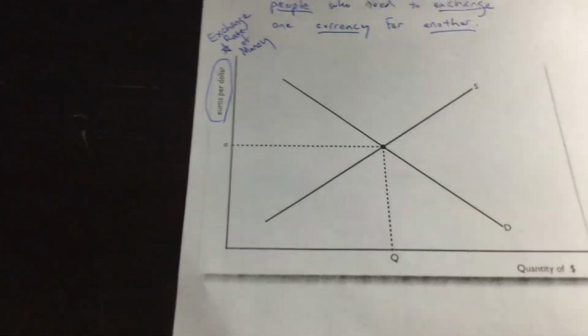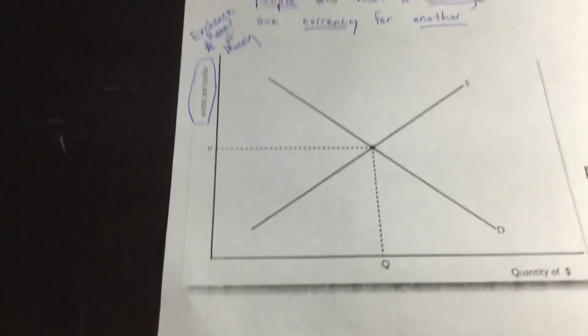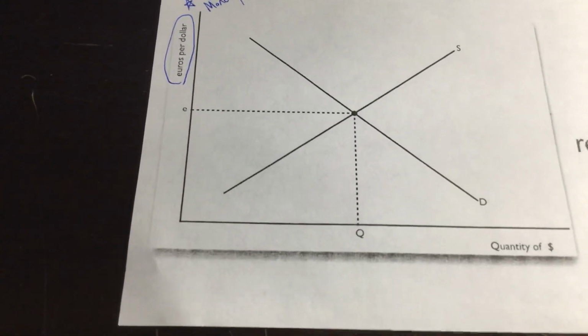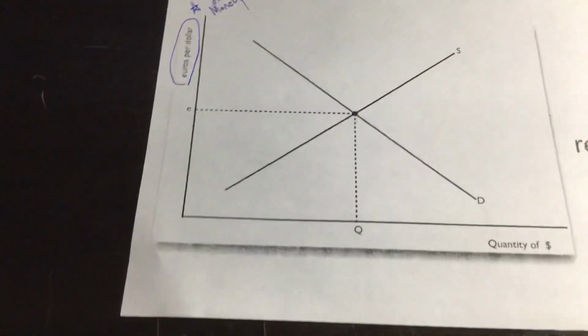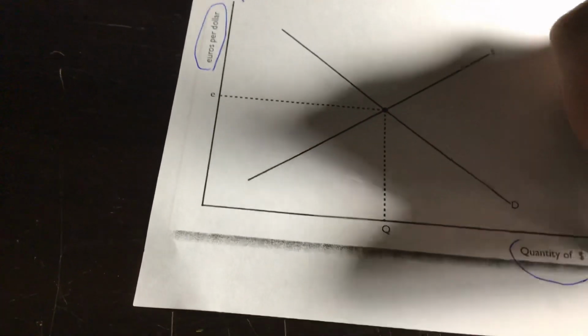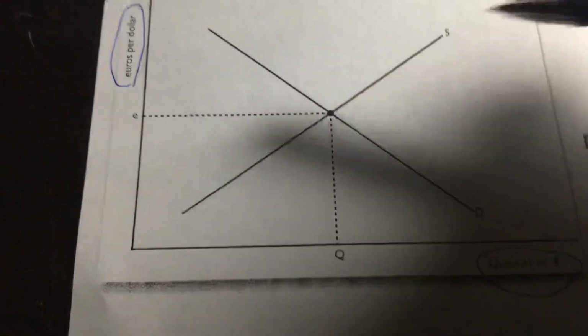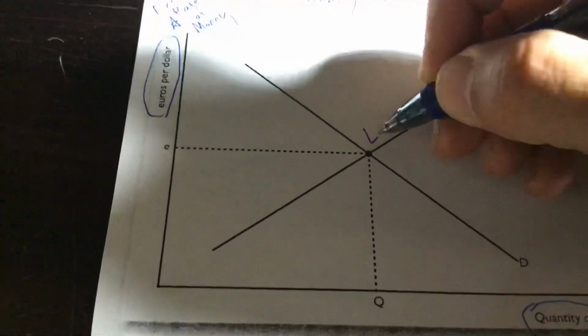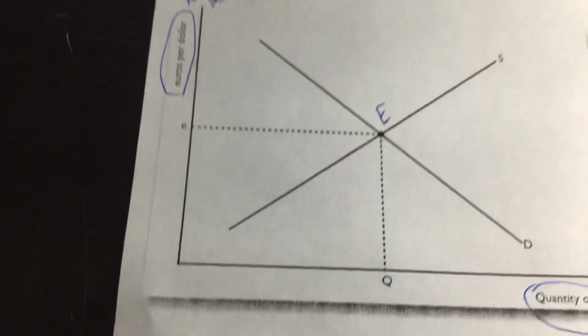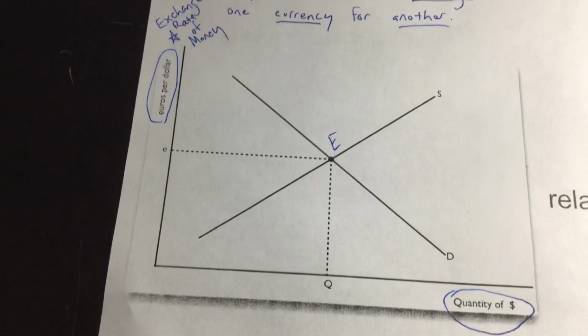It's important that you note that, okay? You gotta know how to properly label your graph or everything is gonna be wrong, okay? And then on the bottom is the quantity of money. Here's your supply, here's your demand. Very simple. With your equilibrium, it's not labeled, is it? But it's good to label your equilibrium of quantity and exchange rate, all right?